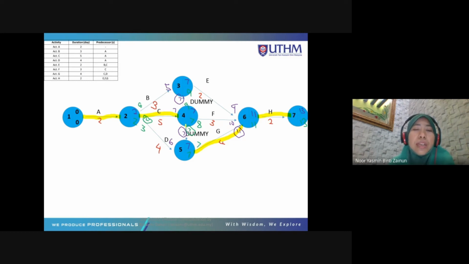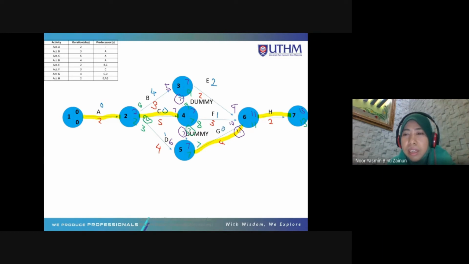Or you can also calculate directly. The total float for activity A is 2 minus 2 minus 0, which is 0. For B, 9 minus 3 is 6, minus 2, float. 7 minus 5 minus 2, float. 7 minus 4 minus 3, float. 11 minus 2 minus 7 is 2 float. 11 minus 3 is 8 minus 7, 1 float. 11 minus 4 is 7 minus 7, 0 float.